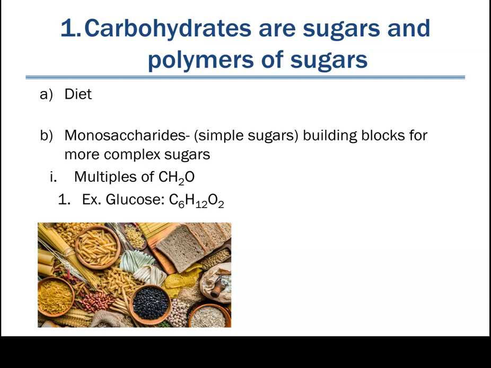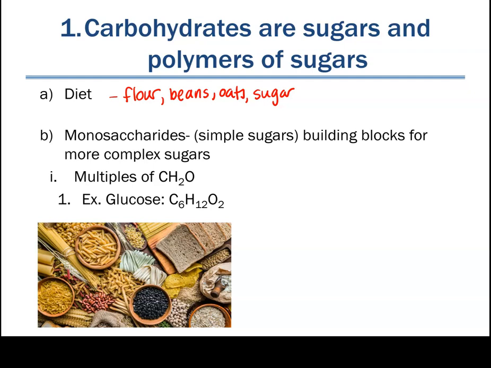They come from things that are plant-based. Things like flour, beans, oats, sugar itself, like glucose or fructose.